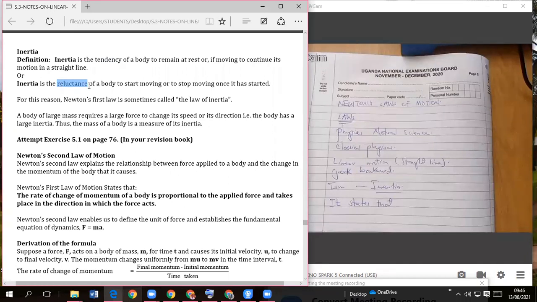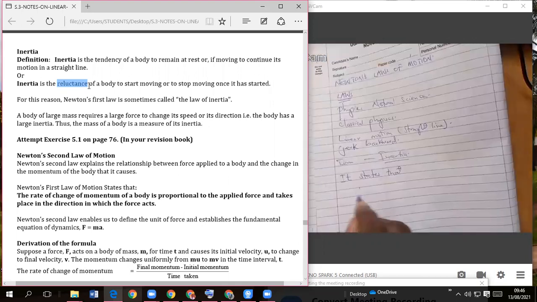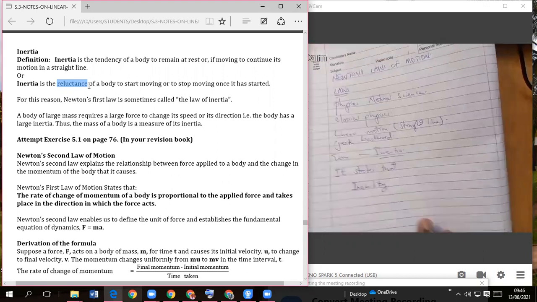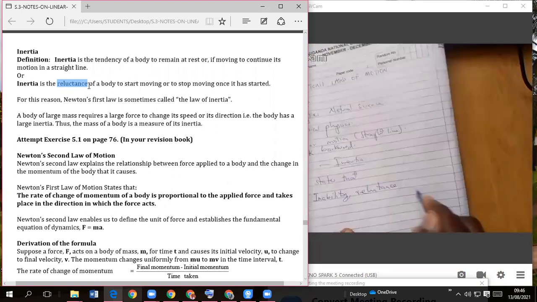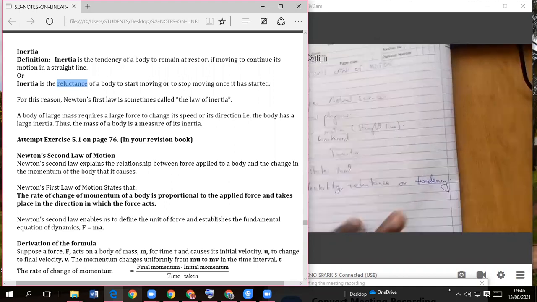If you don't want to use those two words, you can use inability. You can use inability, reluctance, or tendency. All mean the same thing.